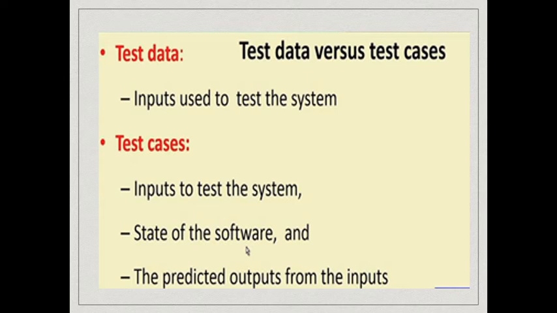So test data is just a component of the test case, and in addition the test case contains the state at which the input is to be given, and also what is the predicted output corresponding to the input.